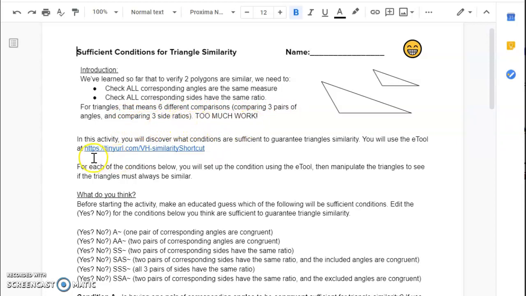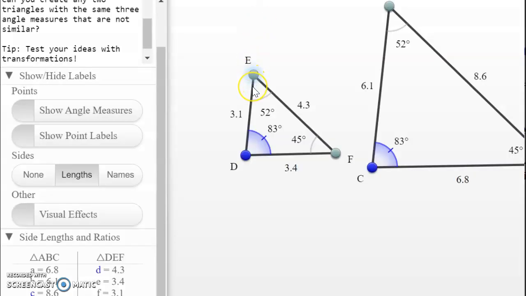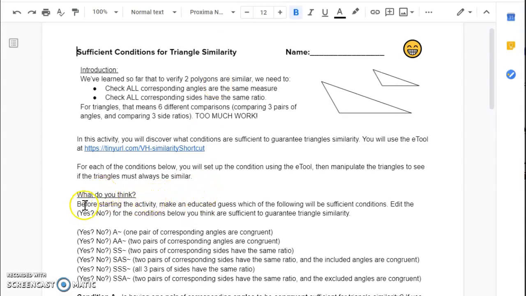Too much work. So in this activity, you will discover what conditions are sufficient to guarantee triangle similarity. And you will use this e-tool, this tinyurl.com link. And that looks like this when you click on it. And I'll show you how you do that. But let's go back to this document.